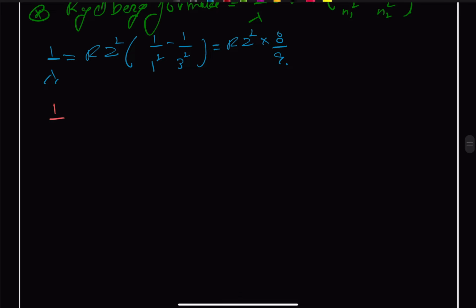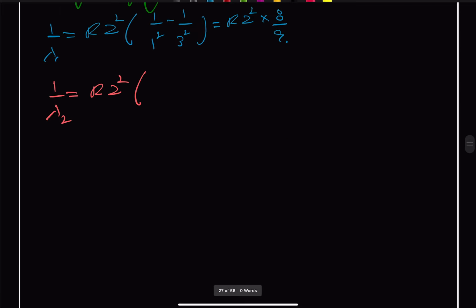For the second wavelength lambda 2, same formula, and the transition is from 2 to 1. So this is 1 square minus 1 upon 2 square, which gives us R Z square multiplied by 3 by 4.